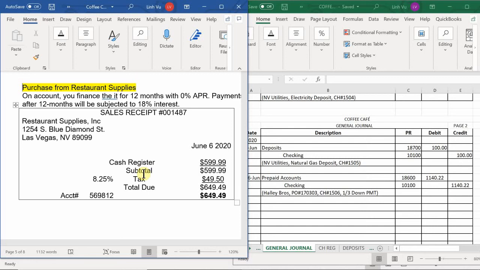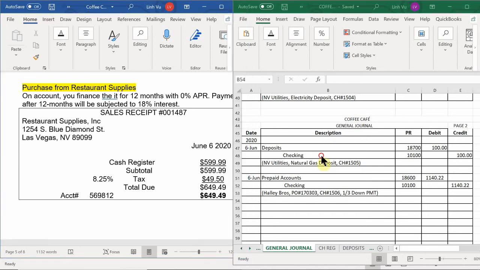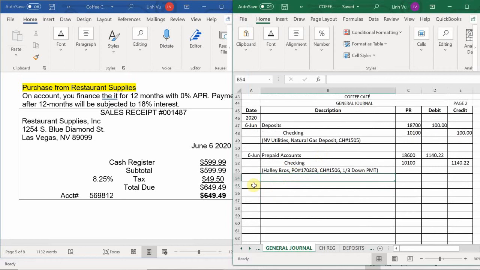We get charged tax of $49.50 to give me a total of $649.49. Of course I paid it on an account. My account number is 569812. So how am I going to journalize this?